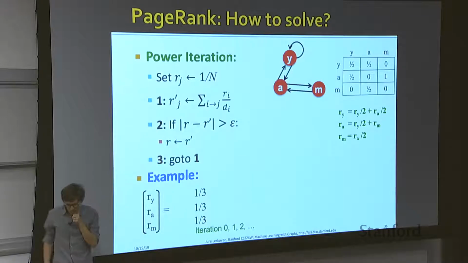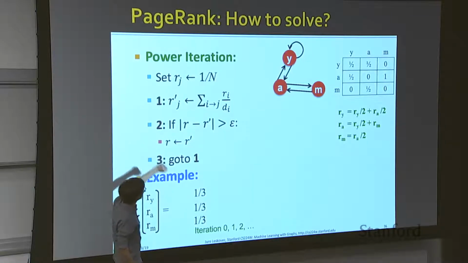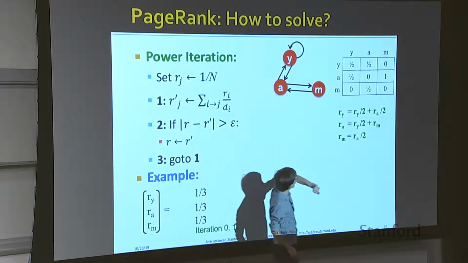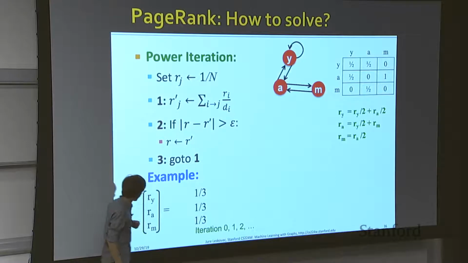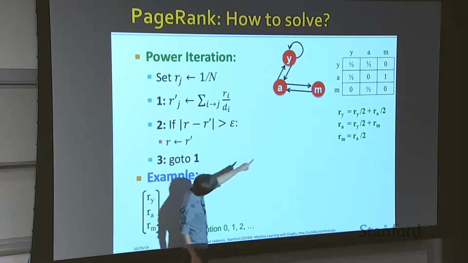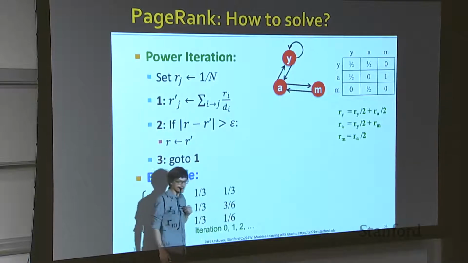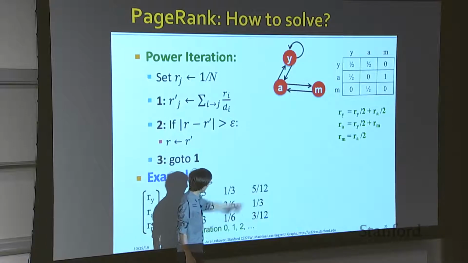So let me show you whether this will converge. Here's my iteration. Here's the graph. Here is matrix M. Here are the equations. Here is how I initialize. And all I will do now is take this R, multiply it with M, and I will get a new vector. I will take this vector, multiply it with M again, and get a new vector.